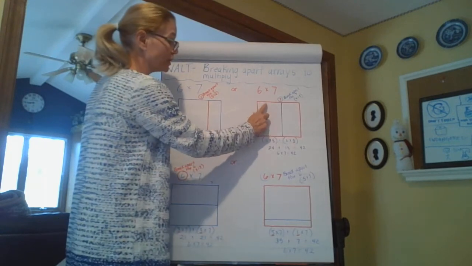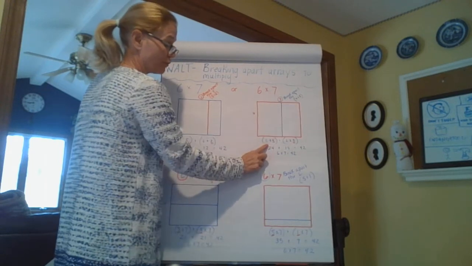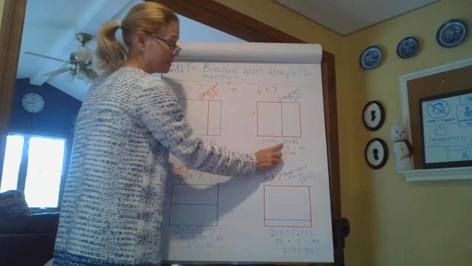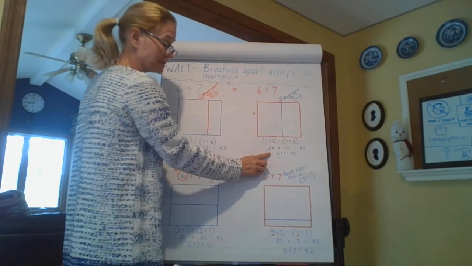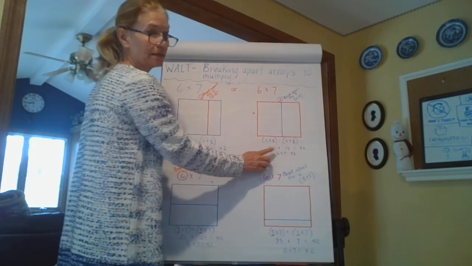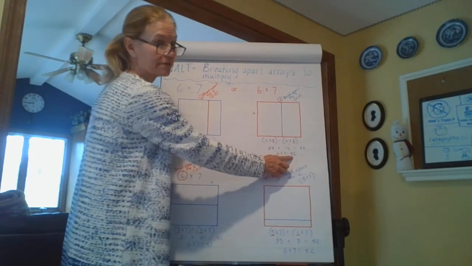But now I have 1, 2, 3, 4 in this one, and 3 here. So I broke it to 6 times 4, 6 rows of 4, plus 6 rows of 3. I solved my 6 times 4 is 24, plus my 6 times 3 is 18. 24 plus 18 is 42. Again, 6 times 7 is 42.